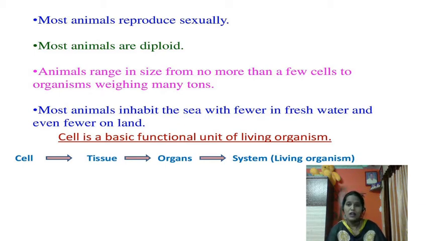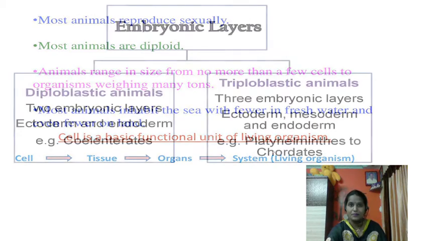This is how an organism develops. These cells have to differentiate and become specialized in various ways. So these are some of the important characteristics or features of Kingdom Animalia.